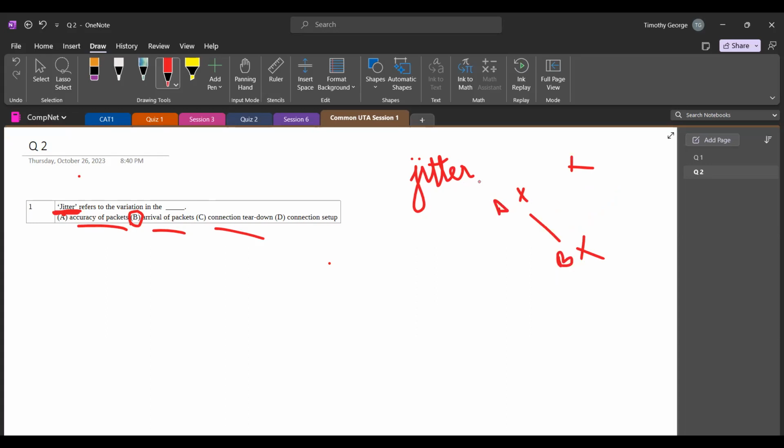That's jitter. Take for example packets where A to B took 5, then 6, then 5 again, then 5.5. This is something with low jitter, because there's not much variation.